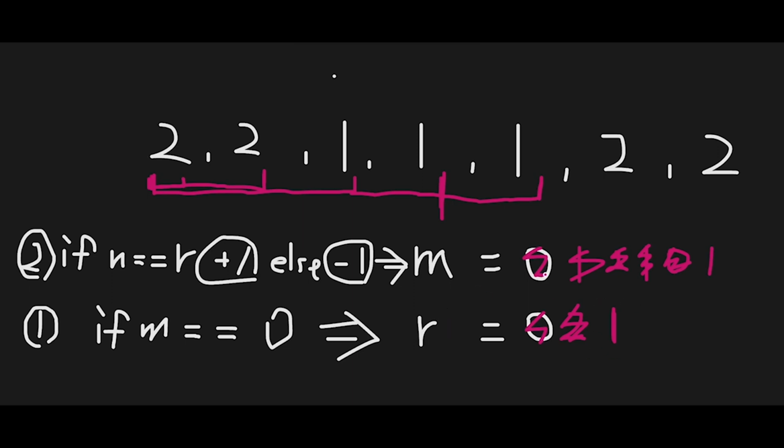So which means every time the majority count reaches 0, in that case we change the majority number to the current number. So we start from 0 and then 1, 2, so hard to see, but 1, 2, 1, 0.